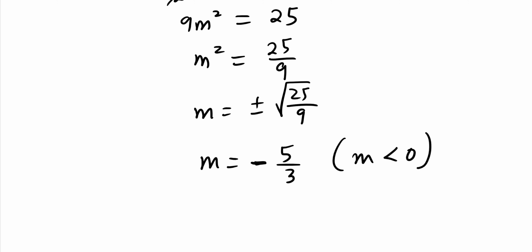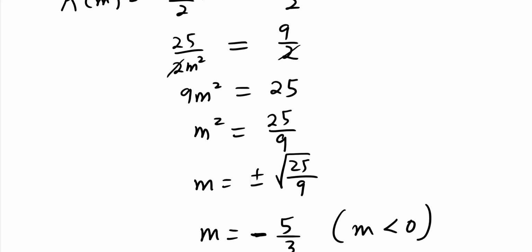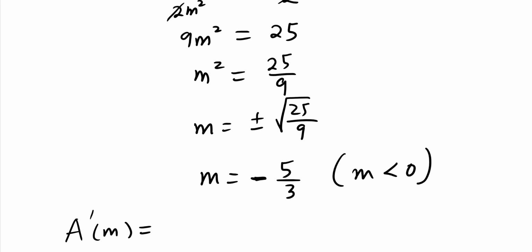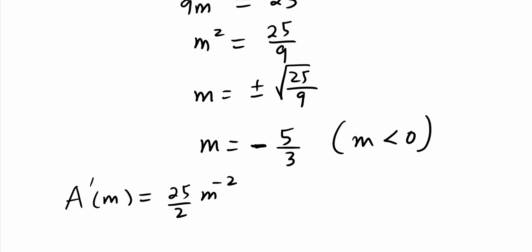For example, so let's go over the, we found a prime of m. A prime of m was, what was it? Was 25 over 2m to the negative 2, and then we had minus 9/2.